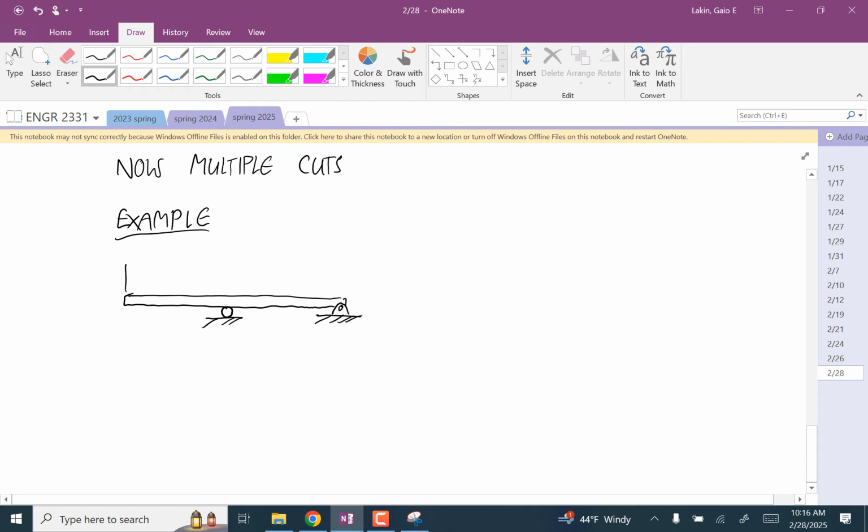And then we have 1,000 Newton force here and a couple twisting this beam of 200 Newton meters. And each half of this beam is 1 meter long. And we're neglecting the weight.